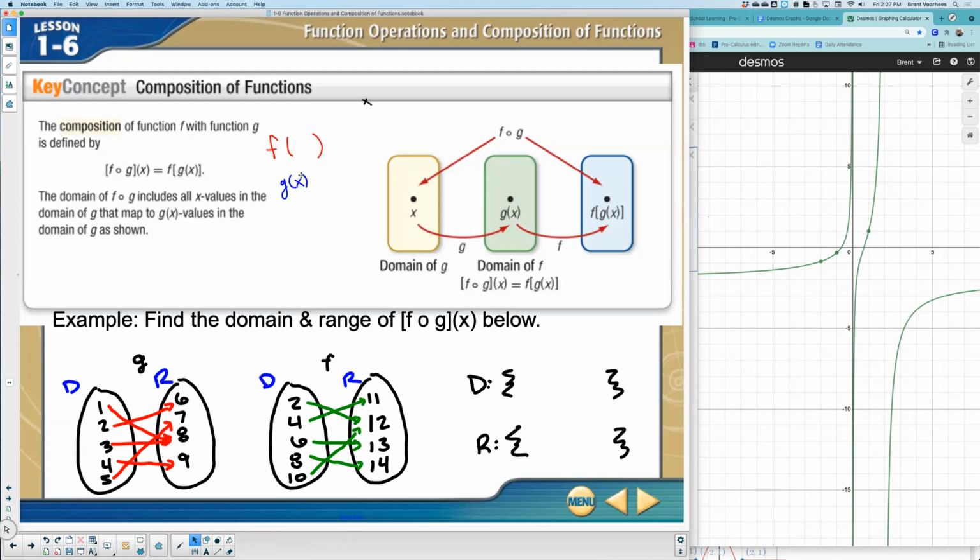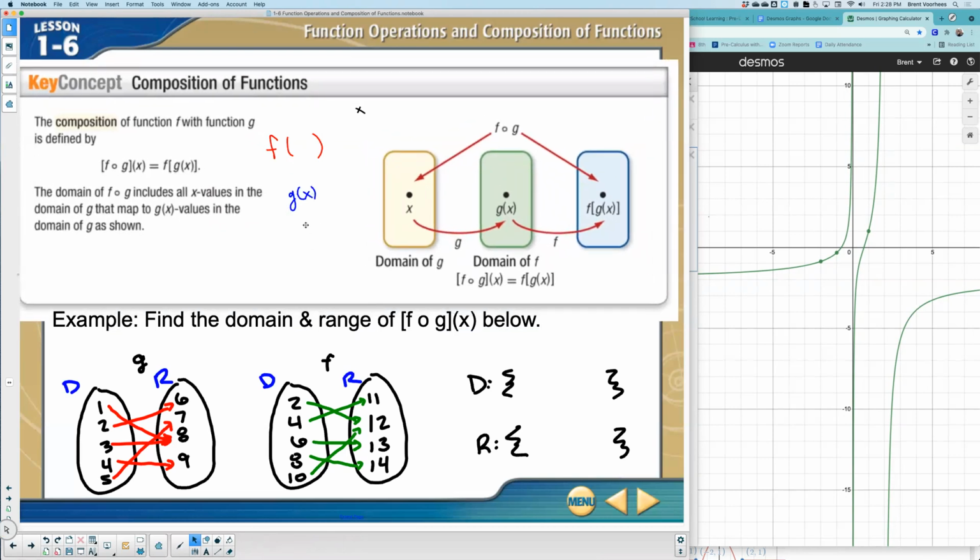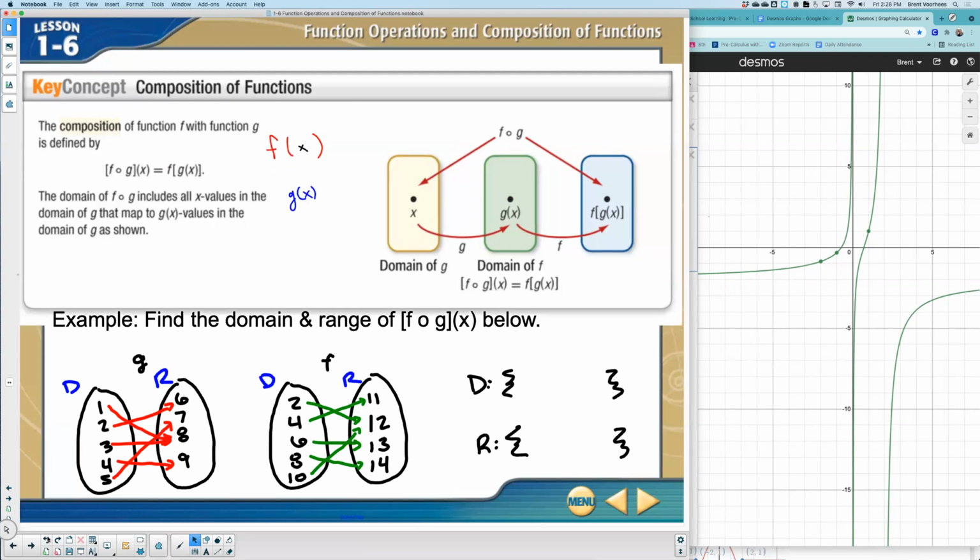We'll remove whatever the x was, and anywhere we had an x in f's equation, we'll replace it with g's entire equation. That's what's happening. So when you substitute, I want to remind you, because this is where a common misunderstanding is. When you substitute, the entire original value comes out and it's replaced by the new value. You would substitute in the whole piece here. Let me see if I can backspace it to get back to where I wanted it to be. You would take the whole equation in there.